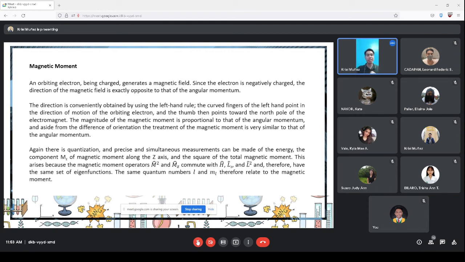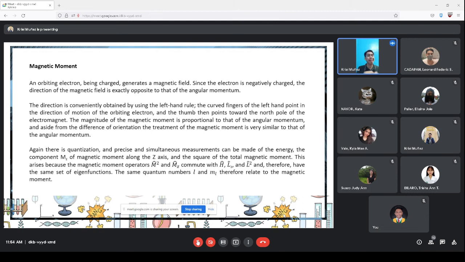And since our energy also depends on the magnetic moment and the angular momentum, we need to know if the z-axis goes along the magnetic field. If it goes along with that, its energy is low.